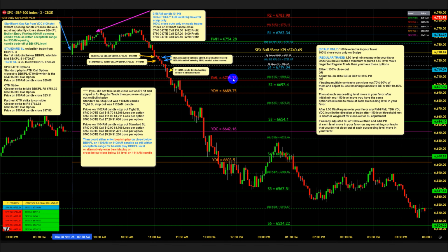Conversely, for the pre-market low, for there to be any substantial move to the downside, not only is price going to have to start closing below the bull bear KPL level, but it's also going to have to start closing below the pre-market low and stay below that for there to be any extended move to the downside.